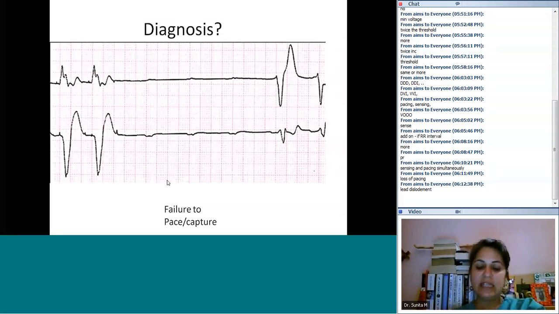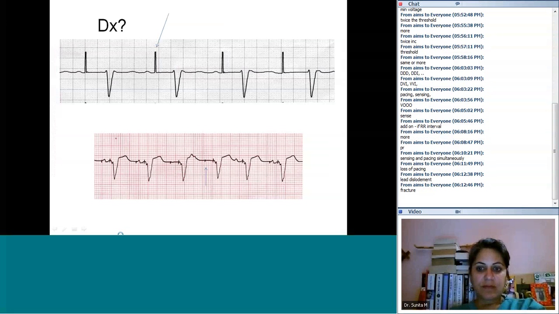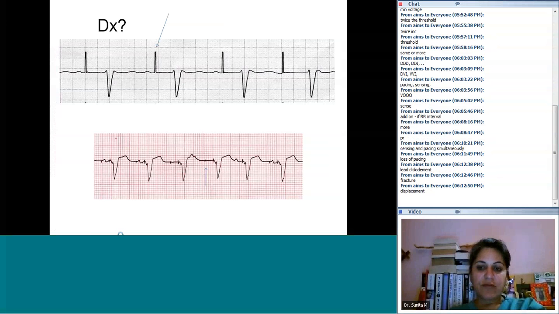So, okay, lead dislodgement is one. Fracture, displacement, that's right. And you can see here again what is happening here.